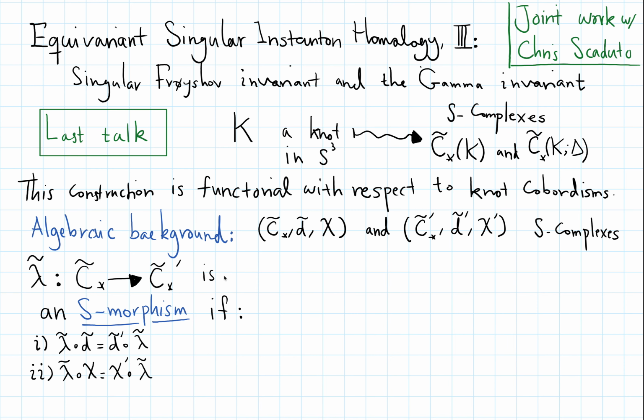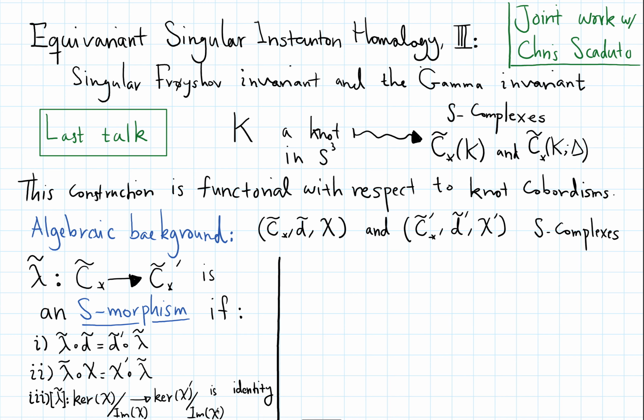Secondly, it's supposed to be commuting with the action of chi and chi prime. And finally, if you look at the map induced by the action of lambda 2 from the kernel of chi over the image of chi to the kernel of chi prime quotient by the image of chi prime, then this map is supposed to be identity.